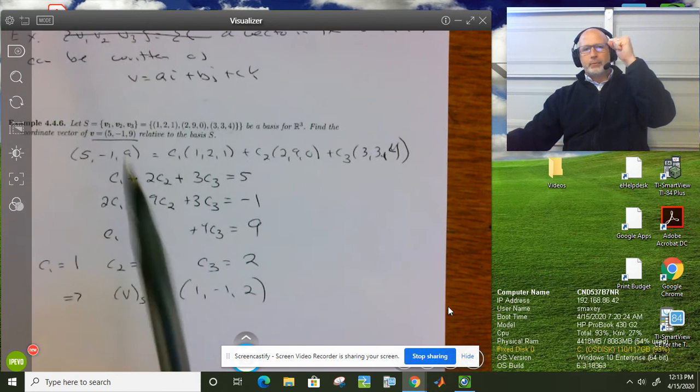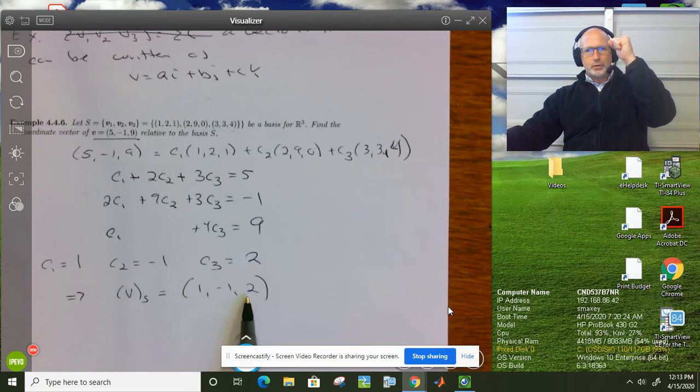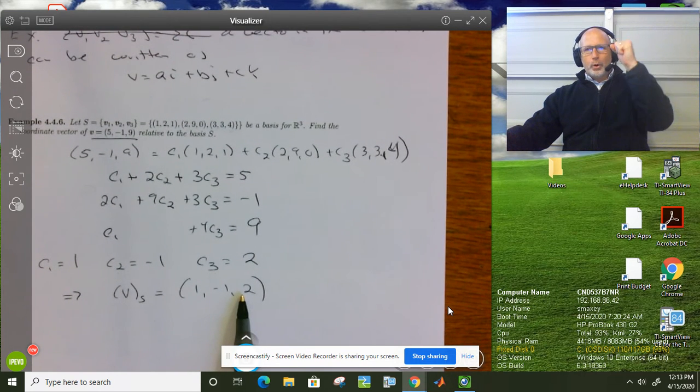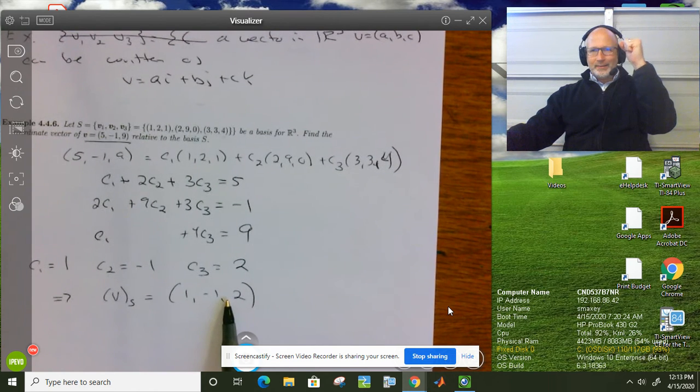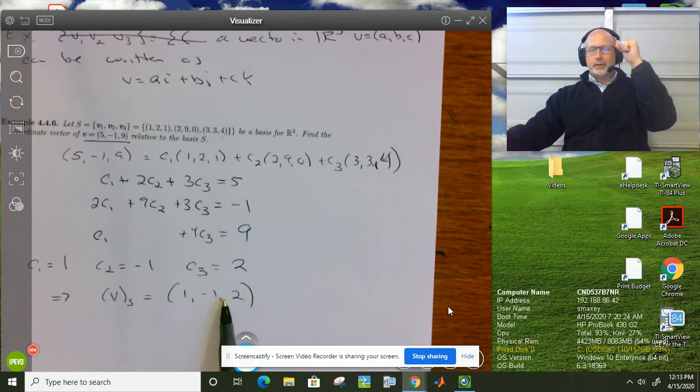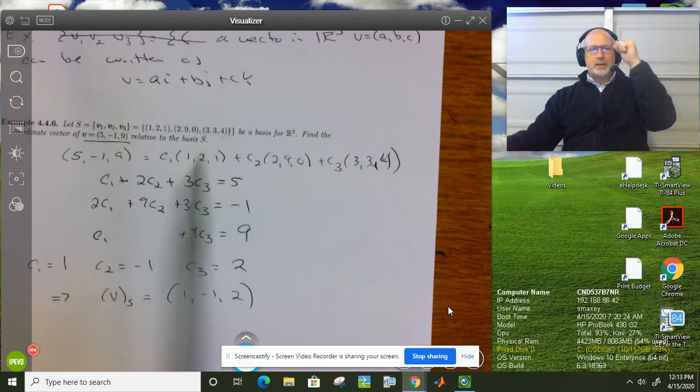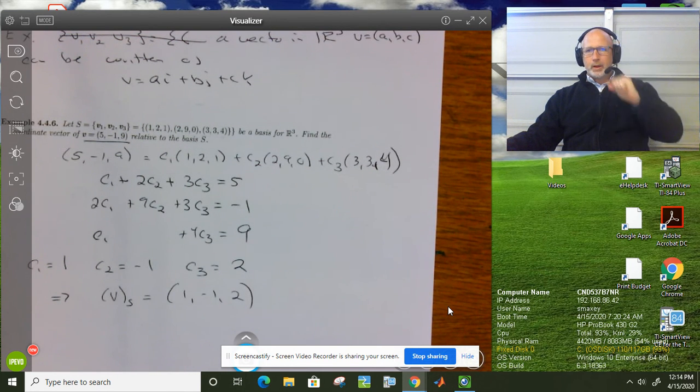We now call it 1, negative 1, 2. It's important to understand that this is exactly the same location in space. It's just based off of a different coordinate system. That's all it is.